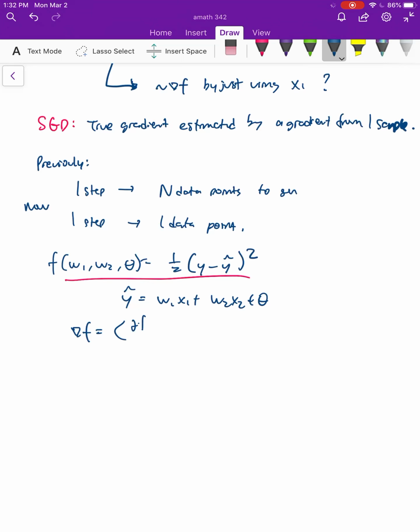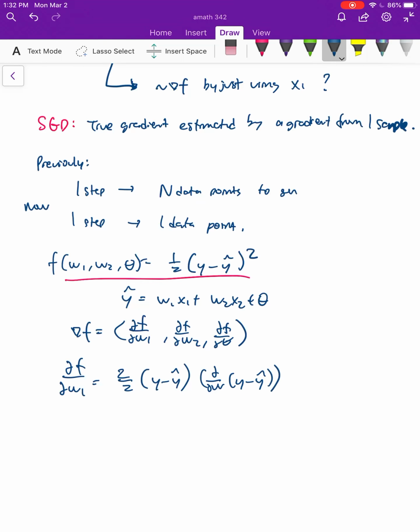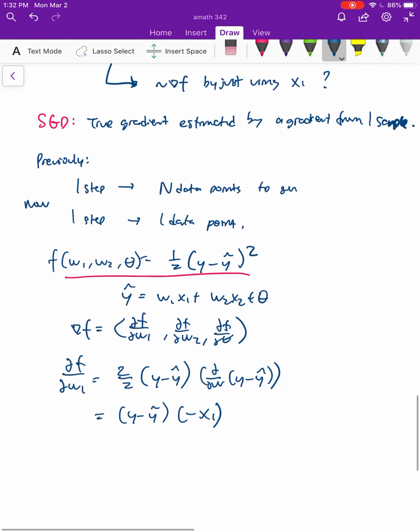The gradient of f is the vector of partial derivatives, and let's evaluate each one of them because this is the math that you'll be using for the homework. You're just applying the chain rule, and you will end up with negative (y minus y tilde) times x1. Sorry, I might have breezed through that.